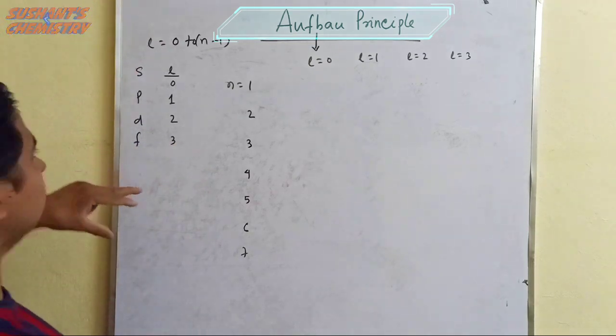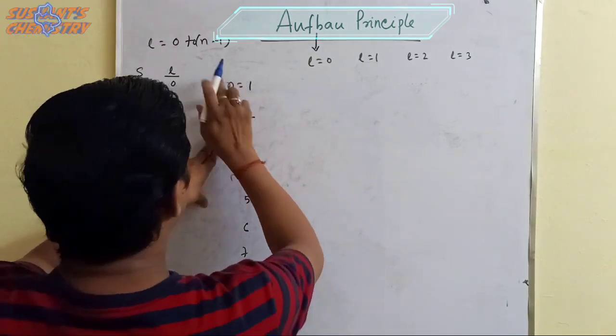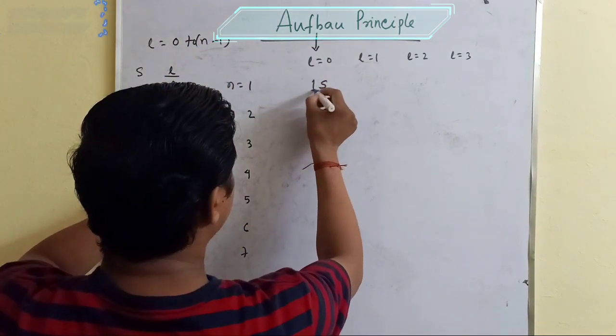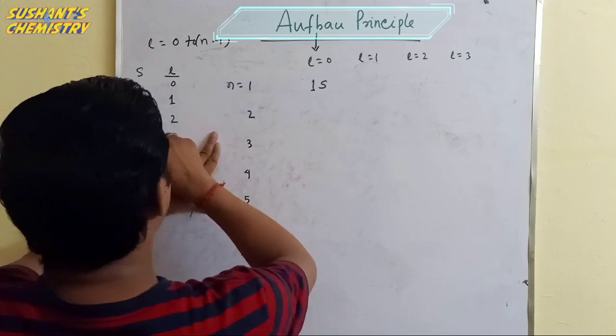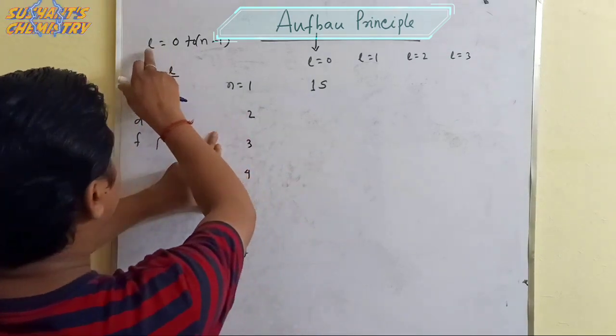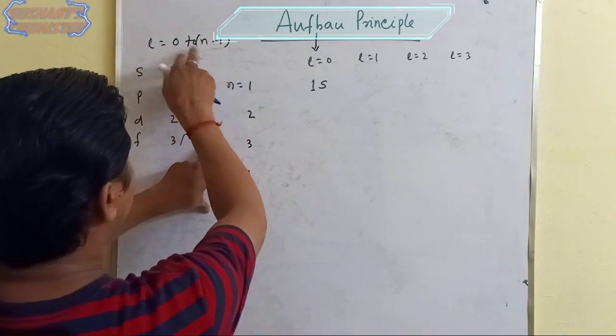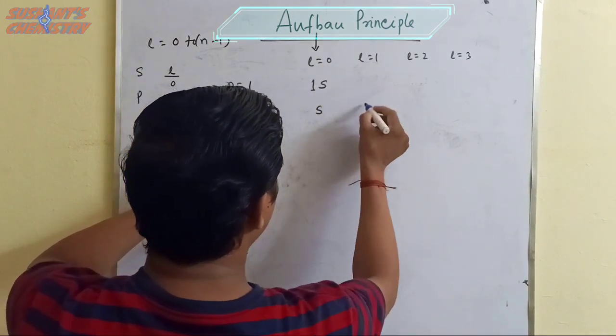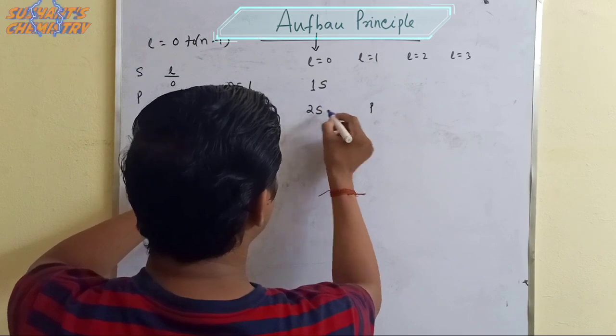For n equal to 1, we get l equal to 0, that is s, that is 1s. Similarly, for 2, the value of l will be 0 to 2 minus 1, that is 0 and 1, that is s and p, that is 2s and 2p.